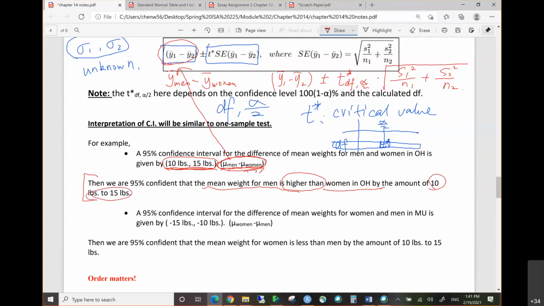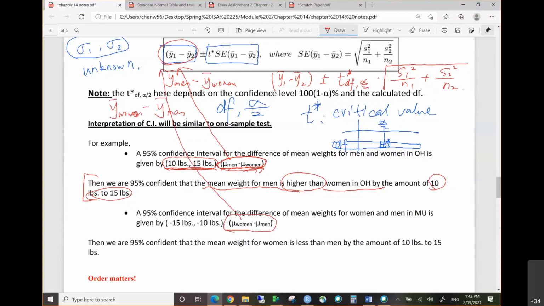And another way, if my confidence interval is about women minus men, that means when you calculate this confidence interval, you need to use the sample mean of women minus the sample mean of men.